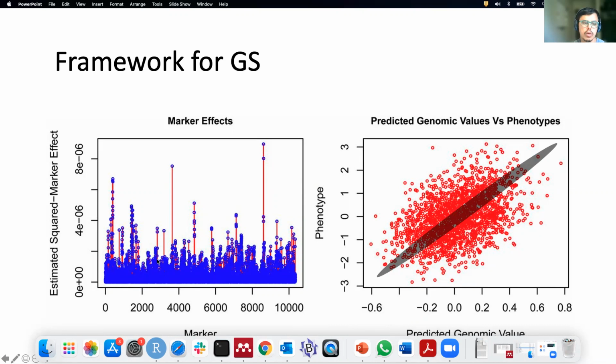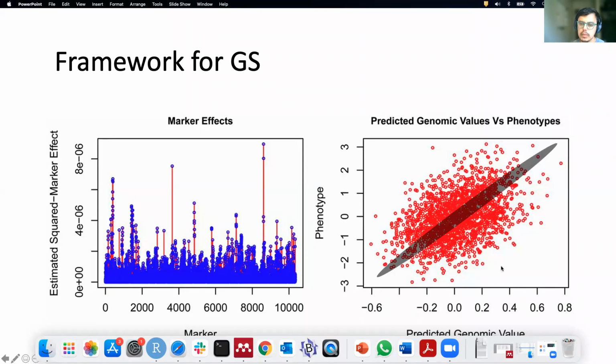lines. So there are some regions that have a huge effect on the phenotype, and they could be QTLs. But again, we are not interested in identifying the genomic regions. We are just going to add the effect of every single molecular marker, and that is going to be the genomic value of the samples that we are interested in.